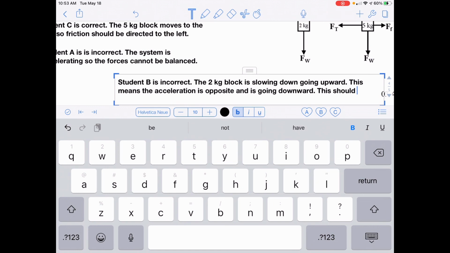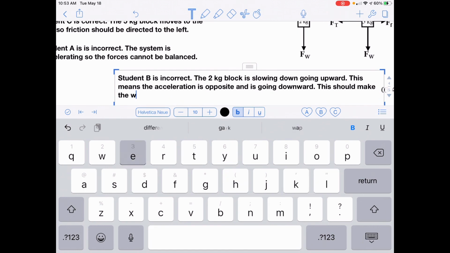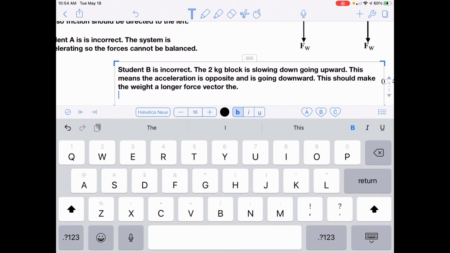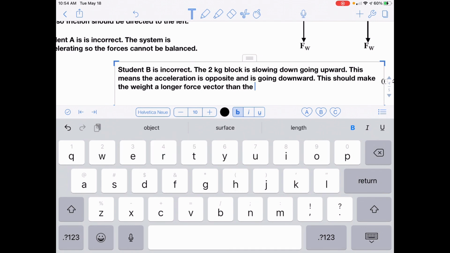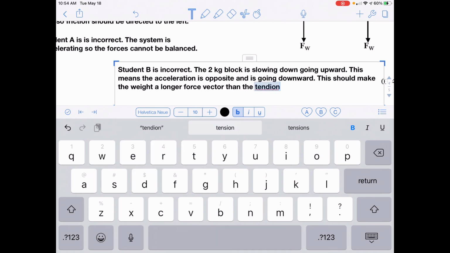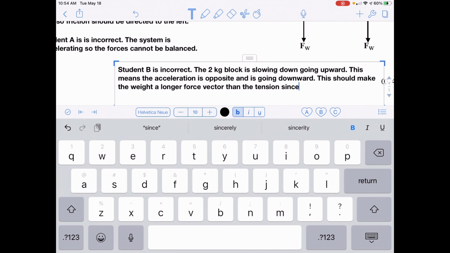This should make the weight a longer force vector than the tension, since weight is the causing force of the acceleration.